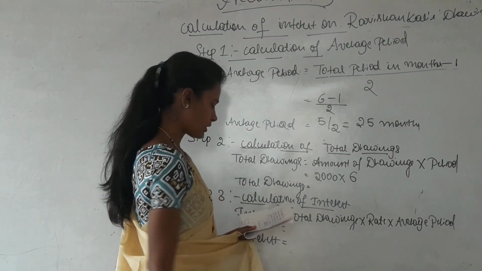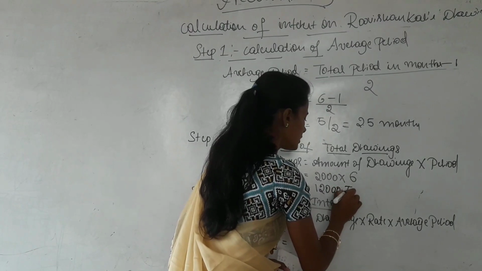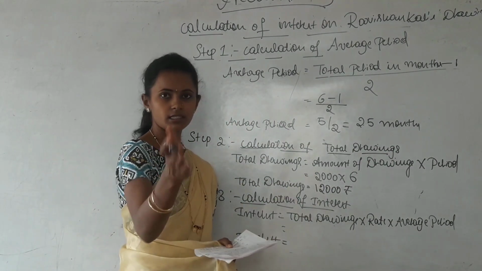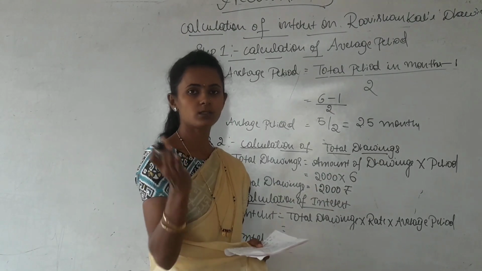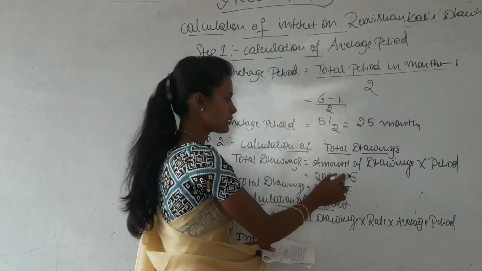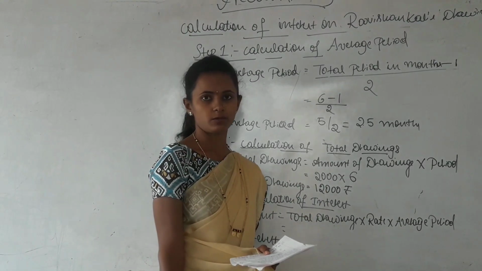So 6 into 2000, you will get total drawings as 12,000 rupees. This amount of drawings is given in the problem, and the period is also given, that is half yearly, which is nothing but 6 months. So 2000 into 6, we will get total drawings of rupees 12,000.